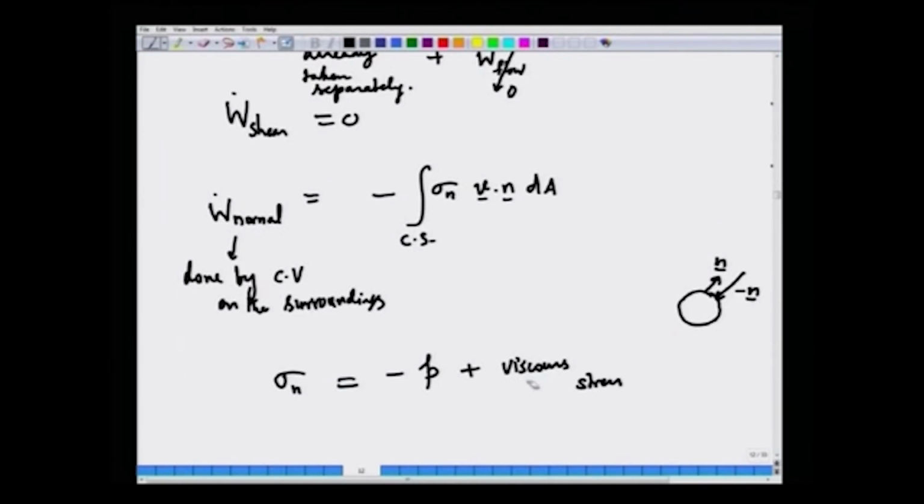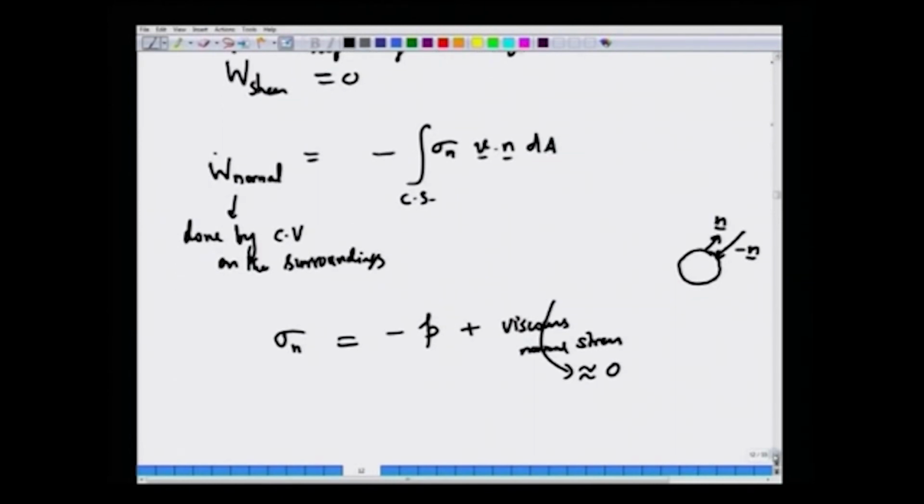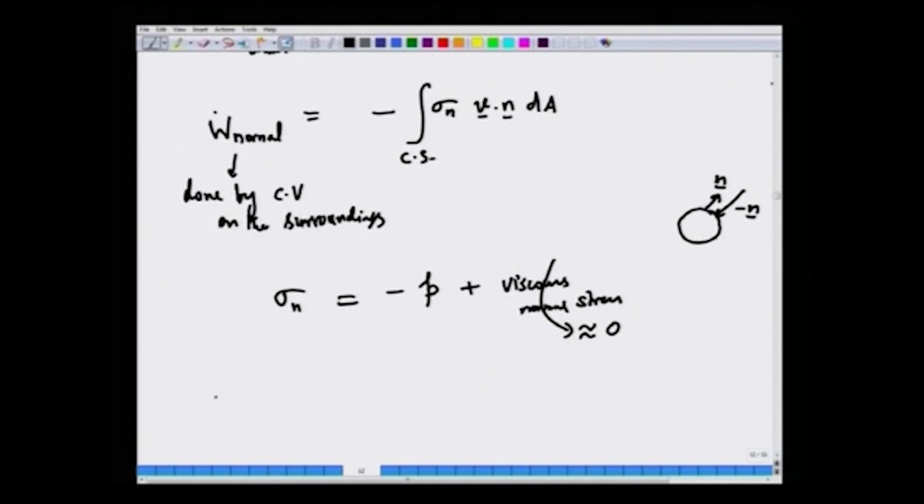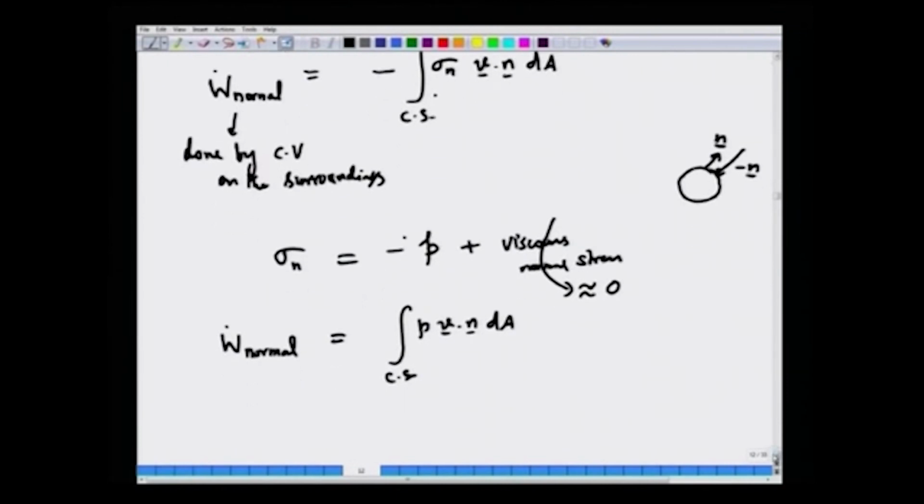Viscous normal stresses are usually negligible, so they are neglected. So, sigma n is minus P to a good approximation. So, W dot normal, if I substitute this here, the two negative signs will cancel out, giving P V dot N dA over the control surface.